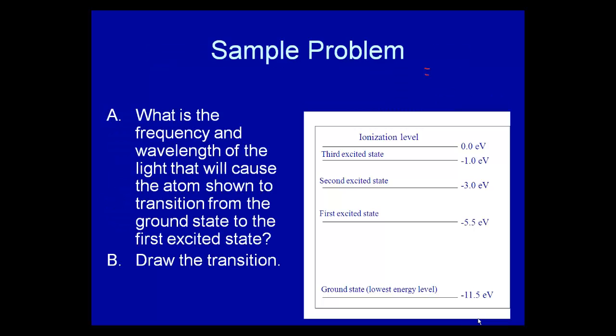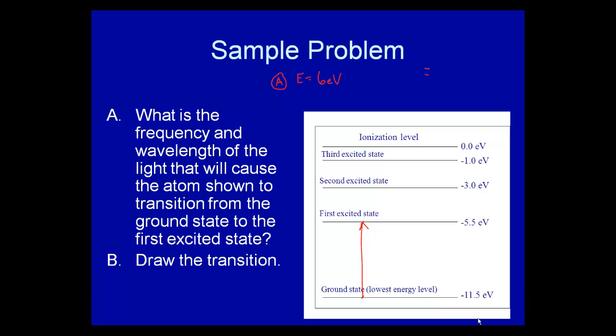So what is the frequency of the light that will cause an atom shown to transition from the ground state to the first excited state, and then draw the transition? Well, I think it actually makes more sense to draw the transition first. I think it's easier to see, and what happens is now we attack it. We know that E is equal to 6 electron volts.